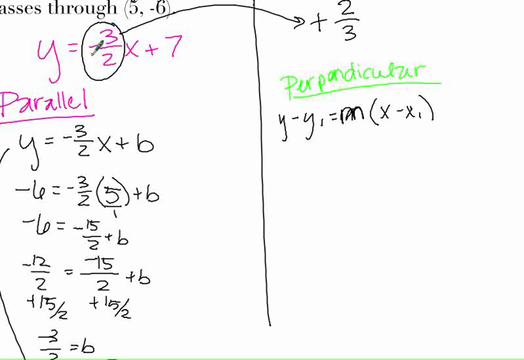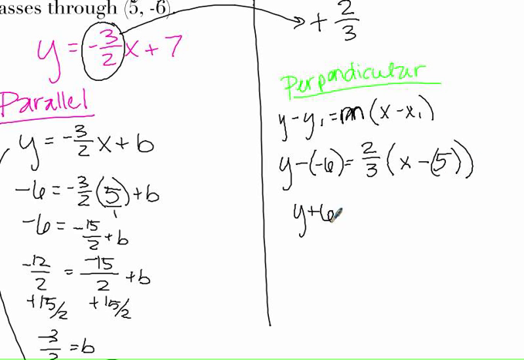Once I know that information, I can plug into my equation. Again, we already labeled x1 and y1. So I'm going to start by saying y minus the -6 is equal to 2/3 times x minus my 5. So I've got y plus 6 equals 2/3 x.